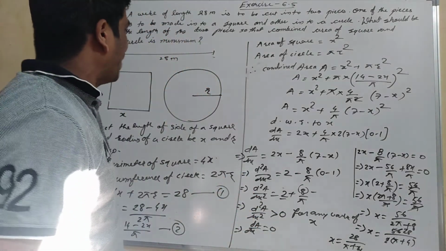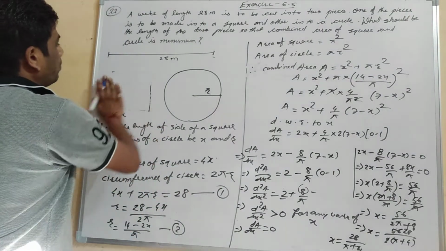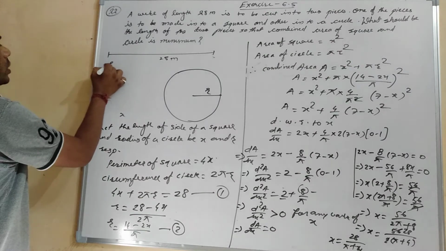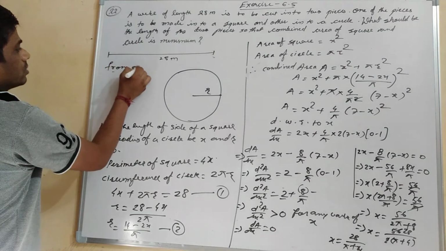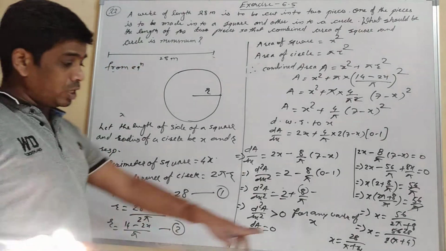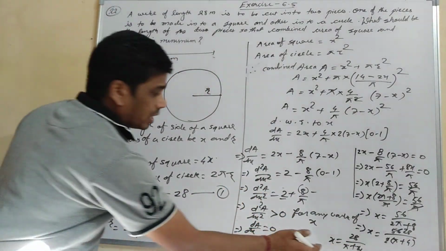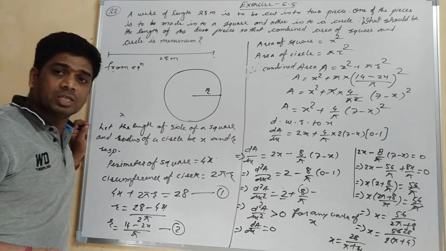So y we can find. Y will be what? If you want to substitute the value in equation 2, from equation 2, x is this. Okay. But the length of the wire is required.